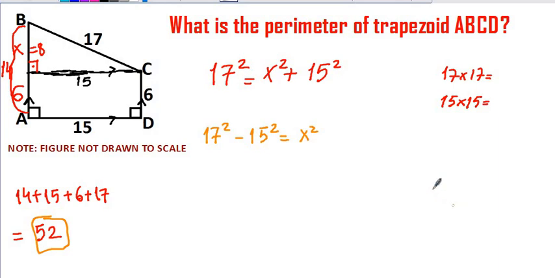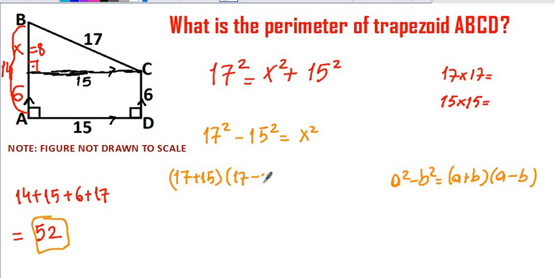We can use this property: a squared minus b squared is equal to a plus b times a minus b. This is a property. So here 17 squared minus 15 squared is going to be equal to 17 plus 15 times 17 minus 15 is equal to x squared.